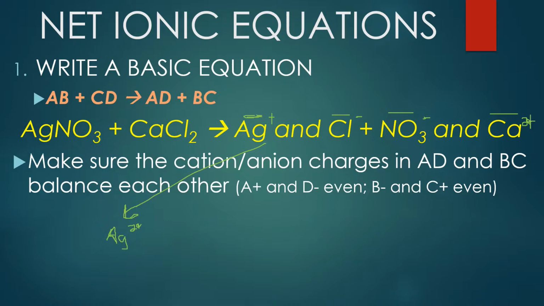Chlorine is going to be a 1 negative charge. So we're going to need 2 chlorines to make a total of 2 negative charge when we pair it up with the 2 positive charge cation. So together, that would be AgCl2.